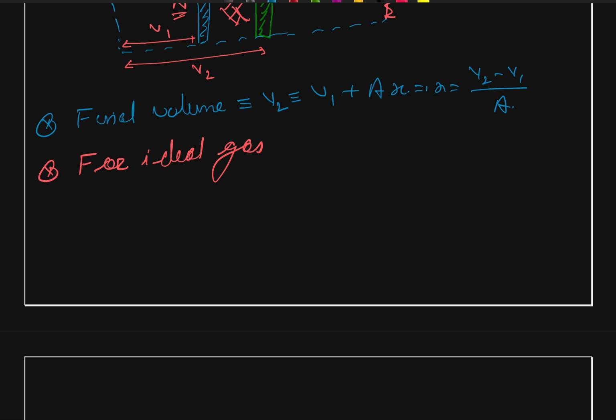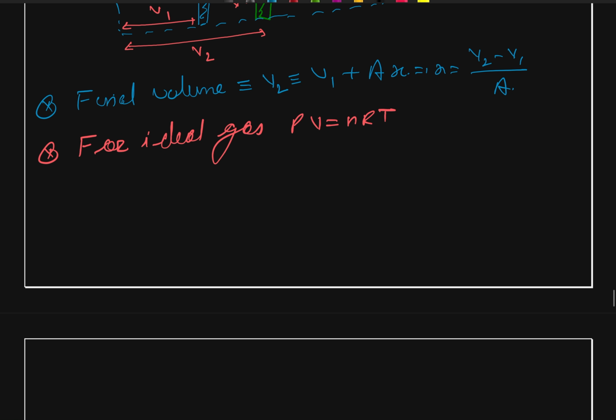For an ideal gas PV is equal to nRT, and we can write this formula for the initial condition, P1 V1 is equal to nRT1, and also for the final position, P2 V2 is equal to nR times T2. And this is monatomic, so the molar specific heat we know rather.